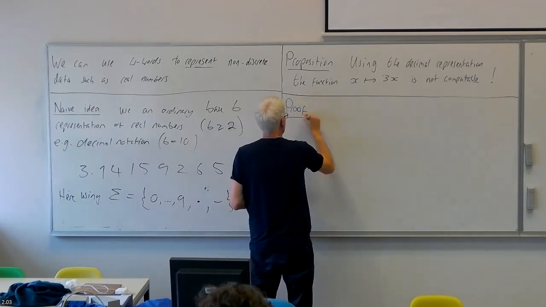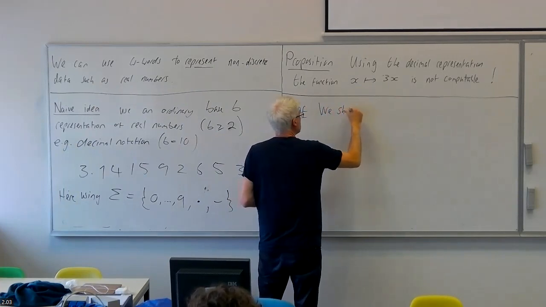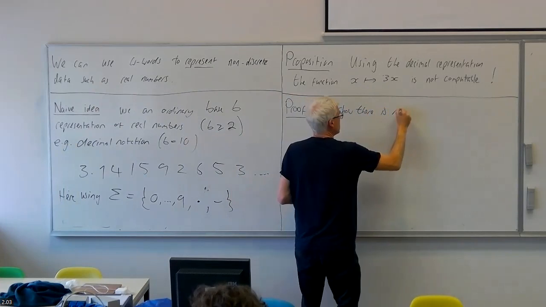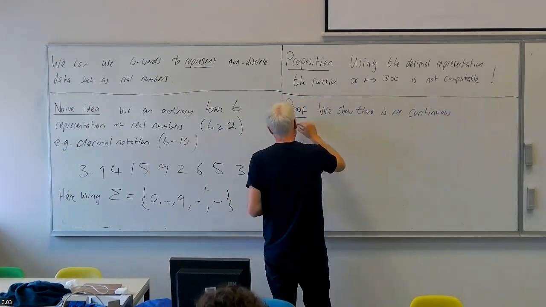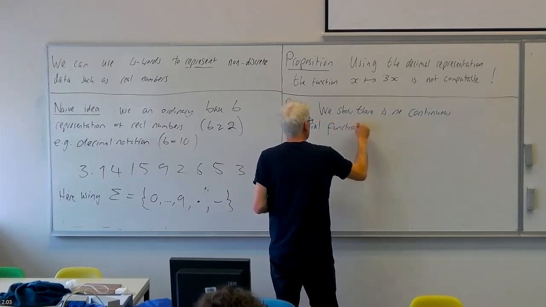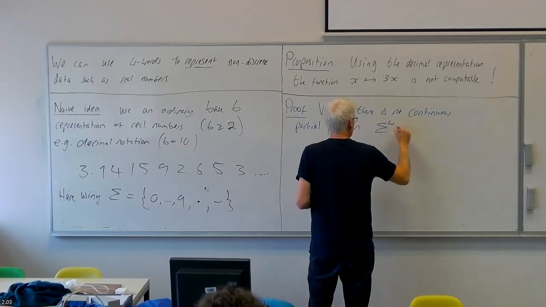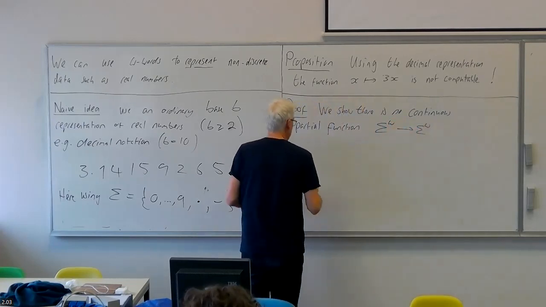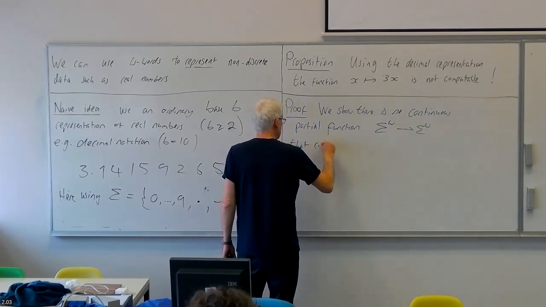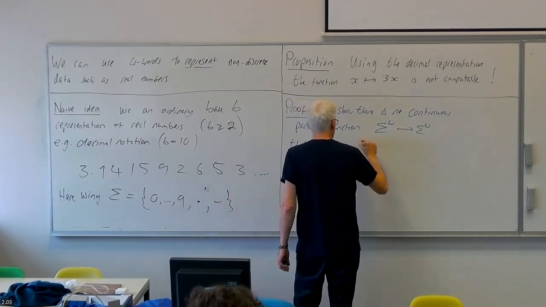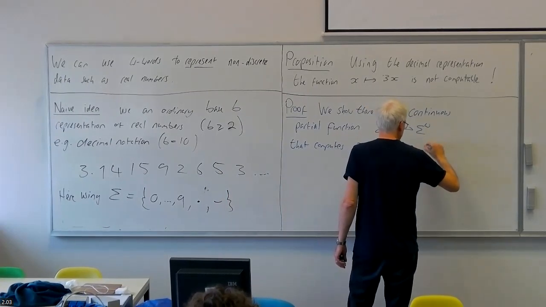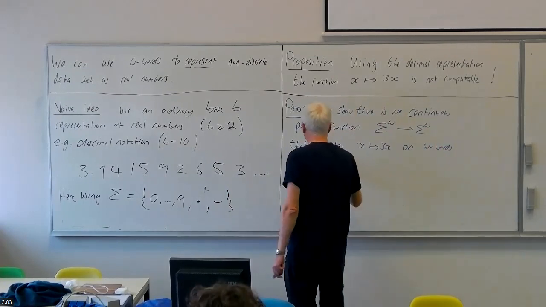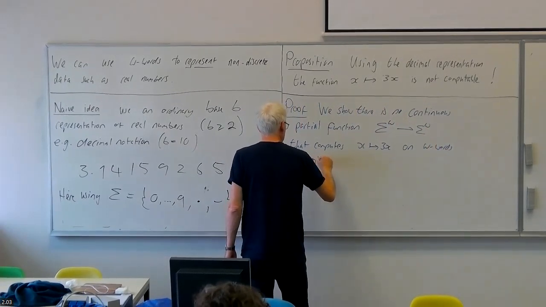So the proof is we show there is no continuous partial function, so continuous on its domain, that computes x to 3x on anything representing real numbers.